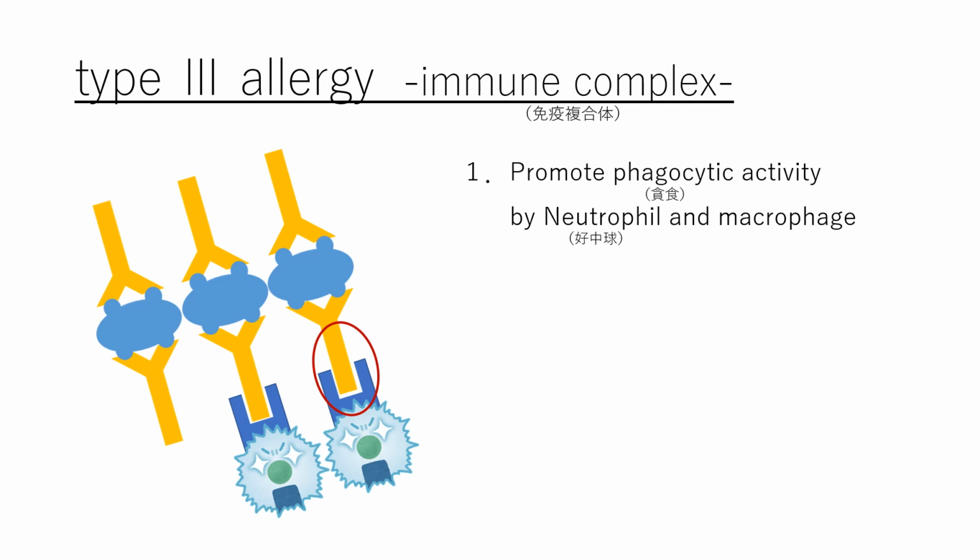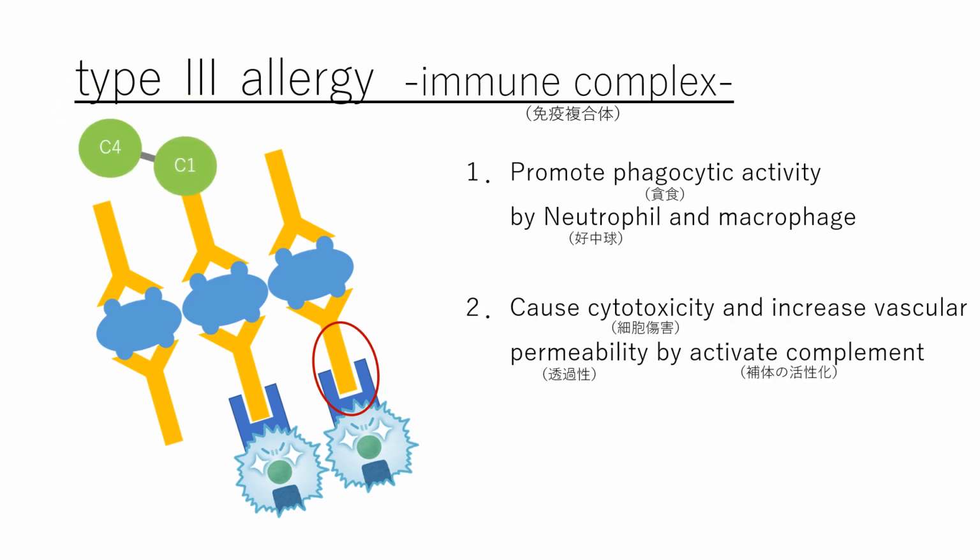The second is the function of the Fc part of the antigen-antibody binding, which activates blood proteins called complement that promote neutrophil migration, cause cytotoxicity, and increase vascular permeability.